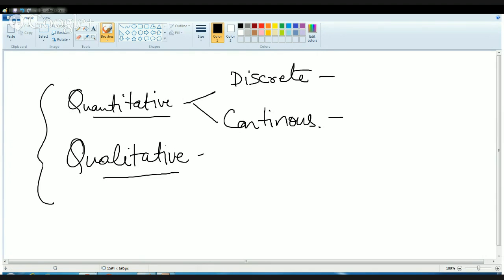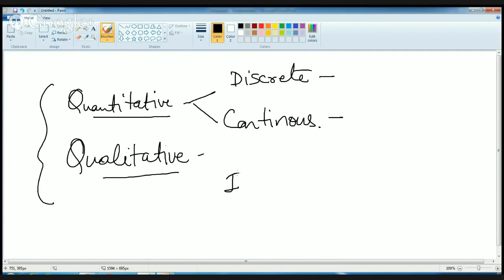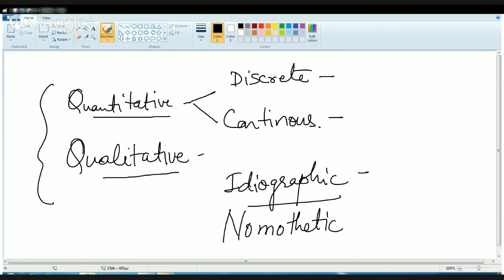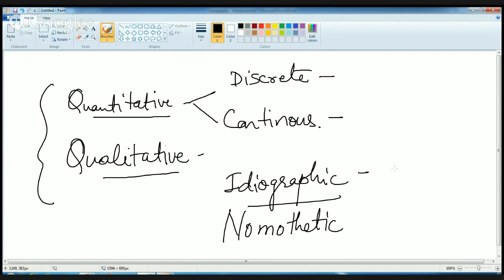This is one kind of classification for data. The next classification talks about two approaches. One is ideographic and the next is nomothetic. In the ideographic approach, we basically talk about facts and figures which are unique to a specific area. For example, what is the amount of rainfall in the state of Oregon?